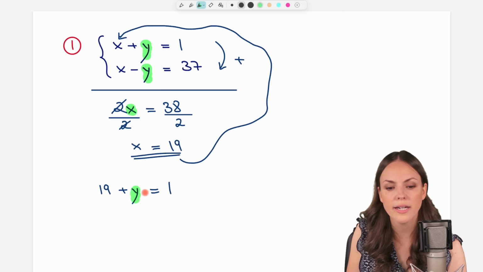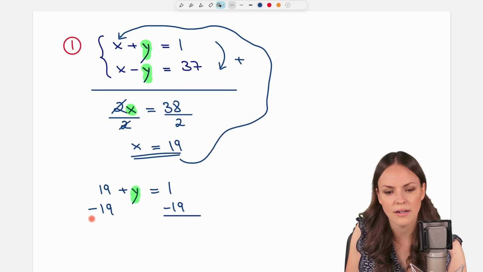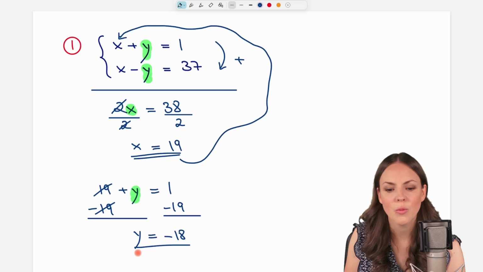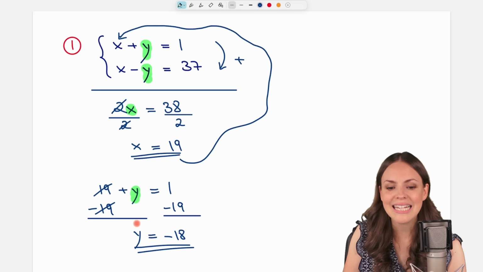To solve for y now, let's get rid of the 19 here by subtracting 19 on both sides of the equation, so that it cancels out here and only y is left, and 1 minus 19 is equal to negative 18.